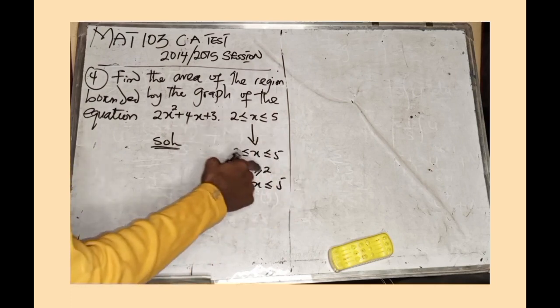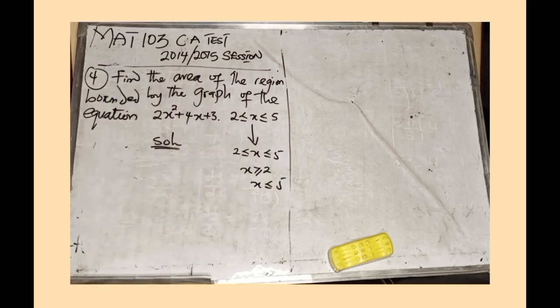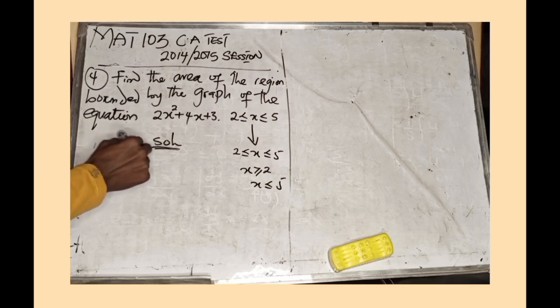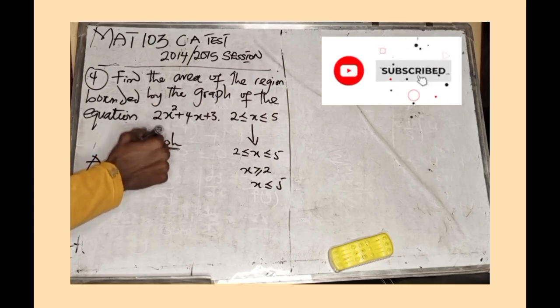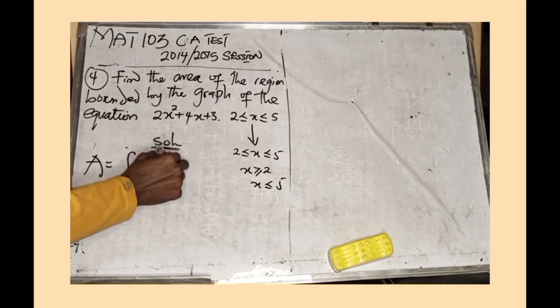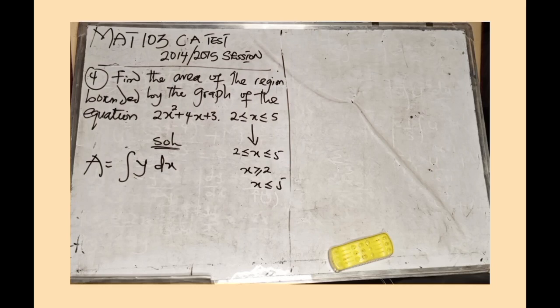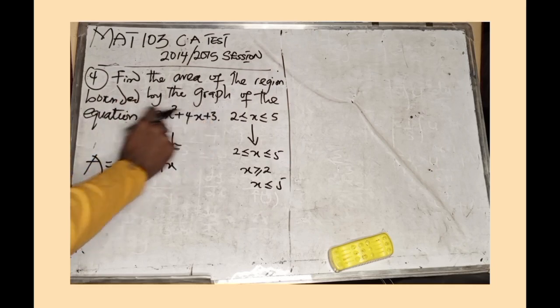So this is the starting point of x and this is the terminal point. Okay, so now here we go. The formula for this is the area is equal to the integral of y dx. Okay, so this is how we go about it. Now this will be my y actually.